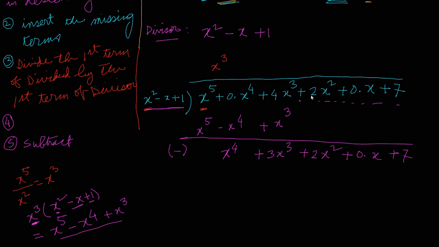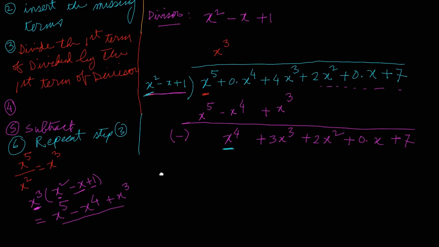All right, so now let's look at step number 6. Step number 6 is repeat. So repeat step 3. If I repeat step 3, I'm going to pick x power 4, the first term of my dividend, and divide it by x square, the first term of my divisor.